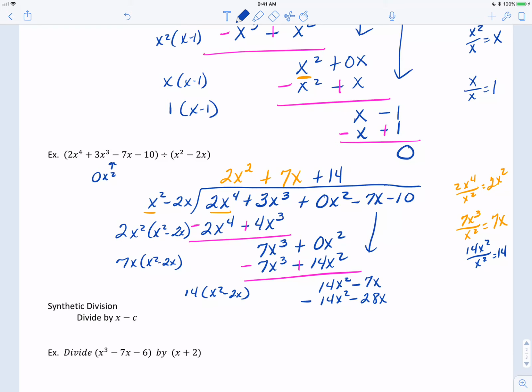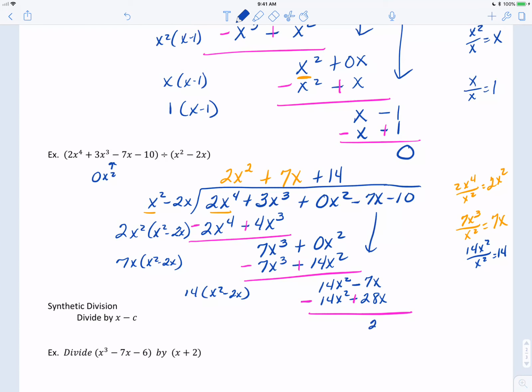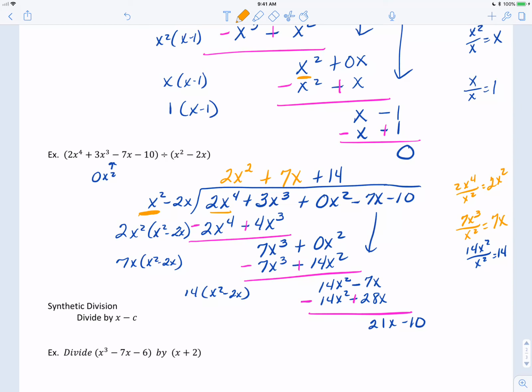Change the signs. Whoops, that's supposed to be in pink. Change the signs. Draw your line. So that gives us 21x minus 10. Well, notice that there's no way this x squared is going to become a 21x. So then that's as far as we can go.